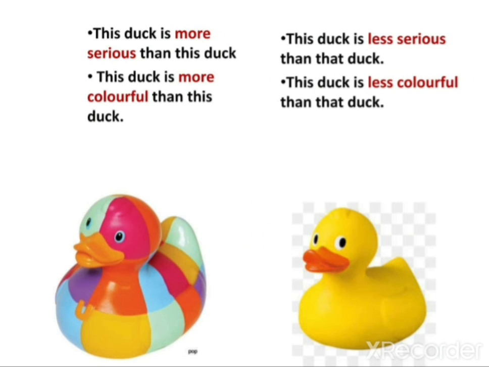I think the first one is more serious. It is more serious. Now I want to say something about this duck. This duck is more serious. And the second one, this duck is less serious.